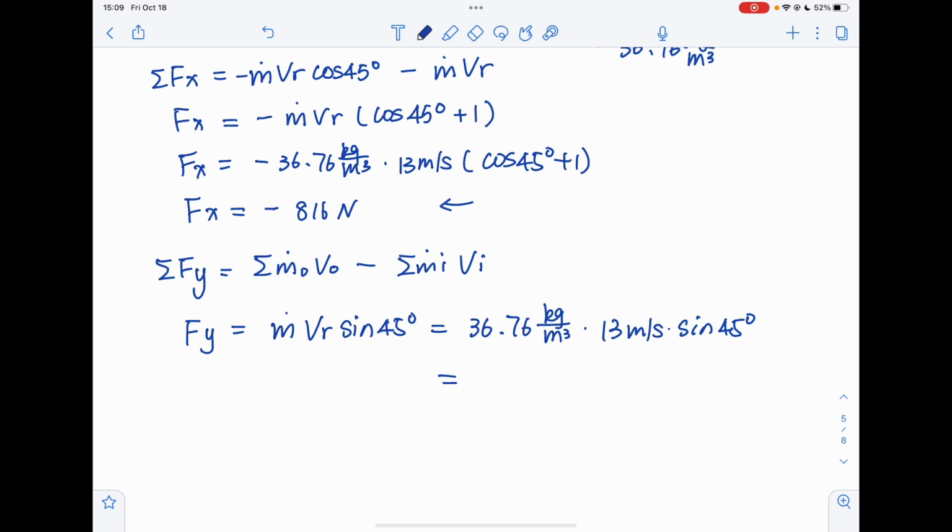So this will give us 338 Newtons, and the direction is upward.